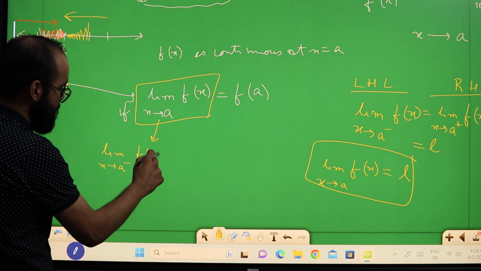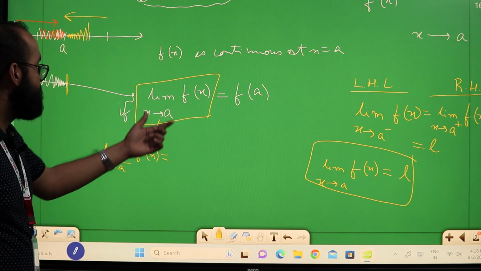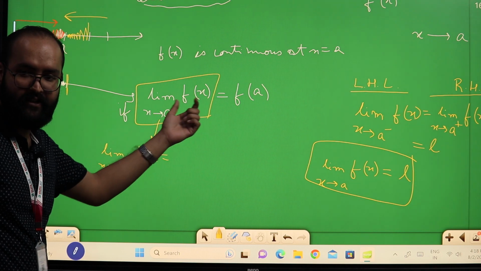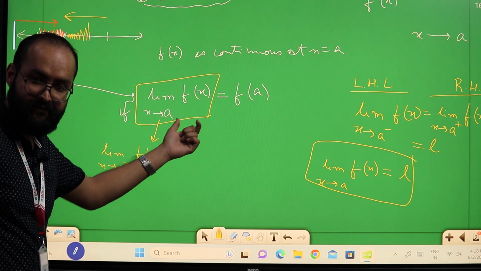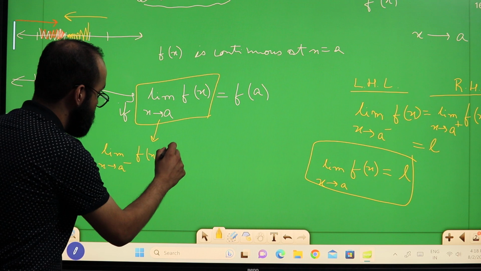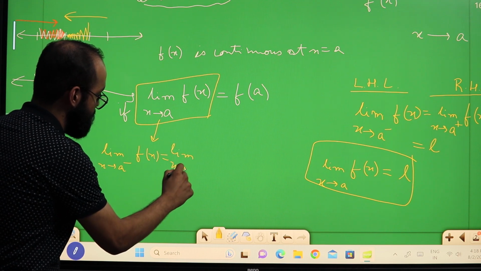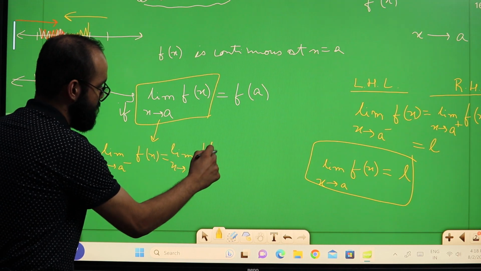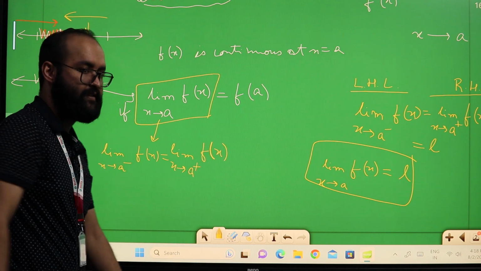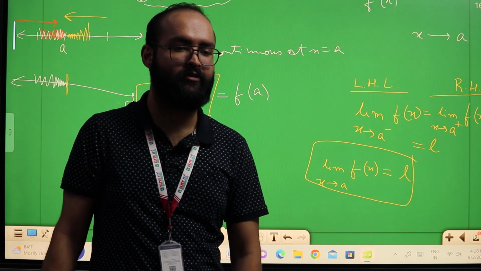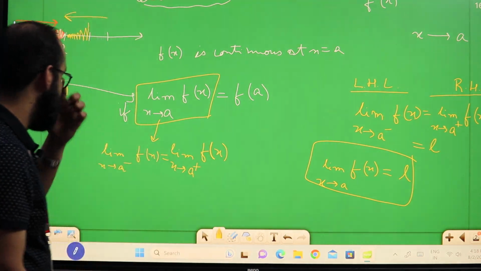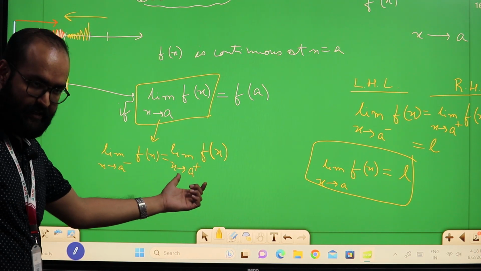This is actually equal to the left hand limit. What do you know? The limit will exist, as we just revised, if the left hand limit is equal to the right hand limit.